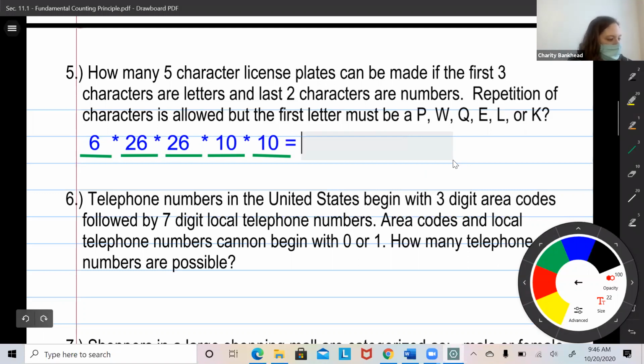Six times 26 times 26 times 10 times 10. So 405,600.